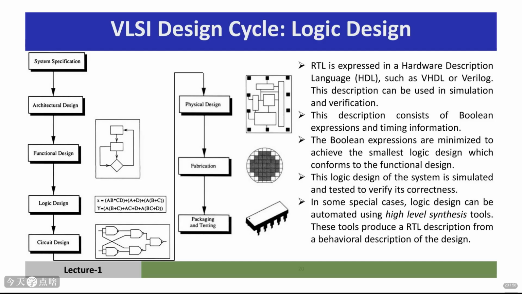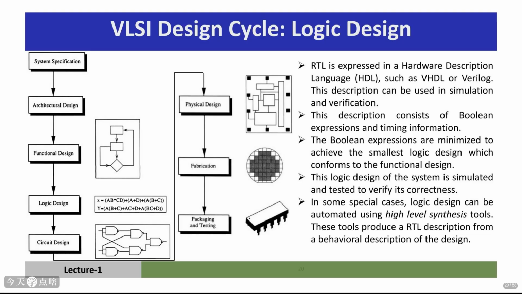How do we express this RTL description? Using hardware description languages, or HDLs, like Verilog or VHDL. These languages allow us to describe the hardware's behavior and structure. The RTL description includes Boolean expressions and timing information.